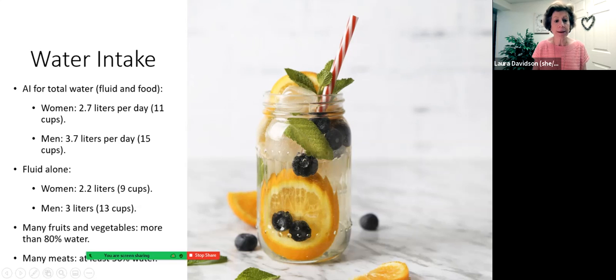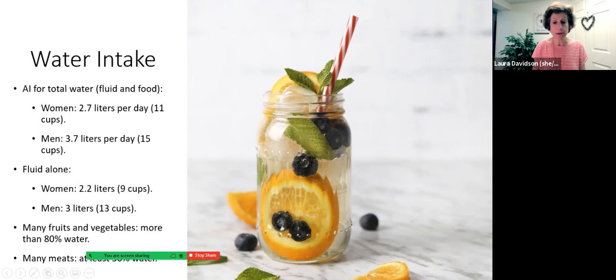And for men, it's 15 cups food and fluid, and that translates to about 13 cups. So food does give you some water as well. We can count that in, but it's not a whole lot for most people, okay? So about 9 cups for women, 13 cups for men.